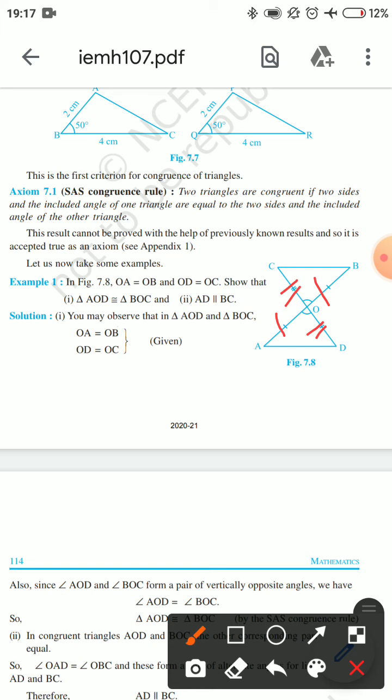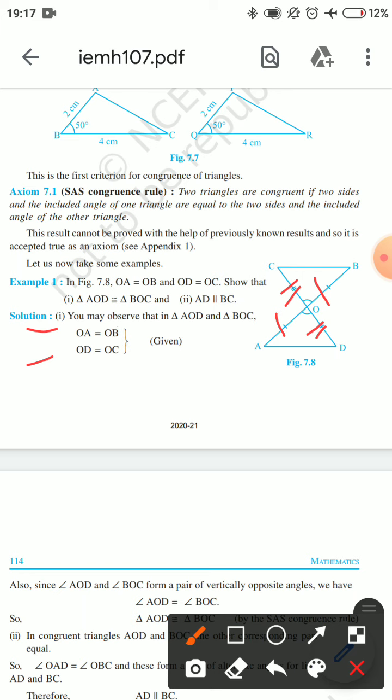You have to show that triangle AOD is congruent to triangle BOC. Okay, so here you can see that in triangle AOD and triangle BOC, side AO is equal to side BO. This is given in the question. Side OD is equal to side OC. This is also given in the question.